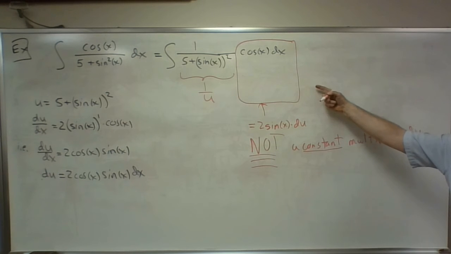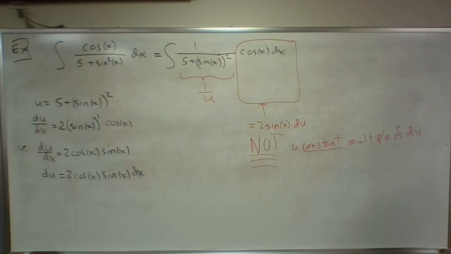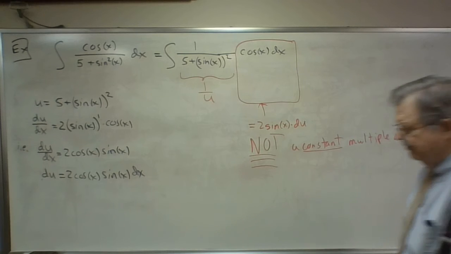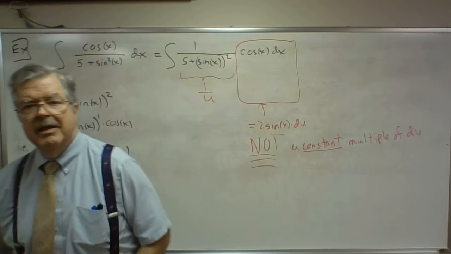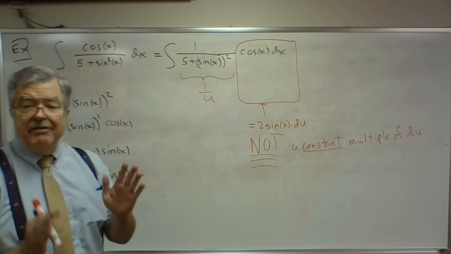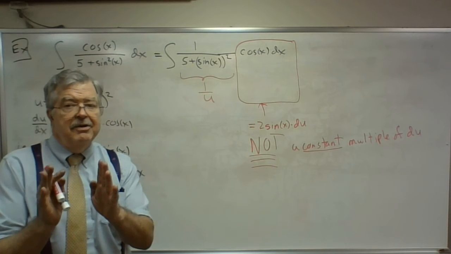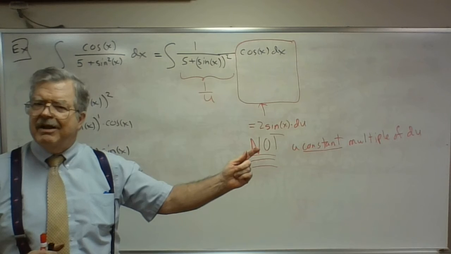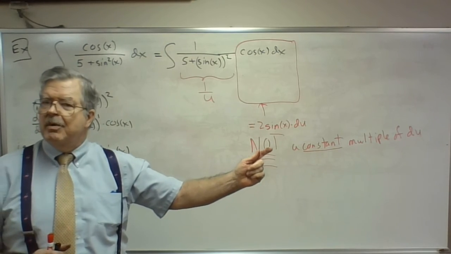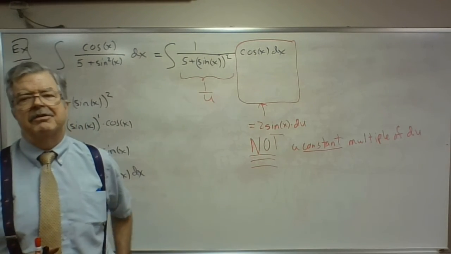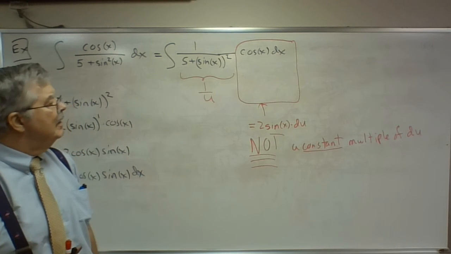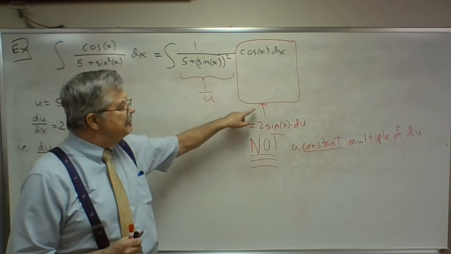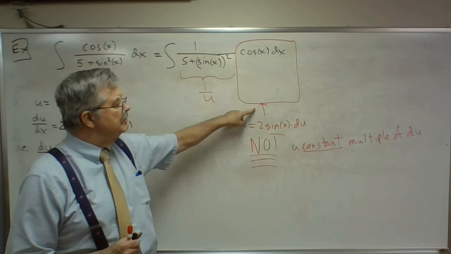What we have left over is not a constant multiple of du. As long as we're only off by a constant multiple, that's good. Because in the integration process, we'll just take that constant and move it out in front of the integral sign. But this is not just a constant multiple times du.